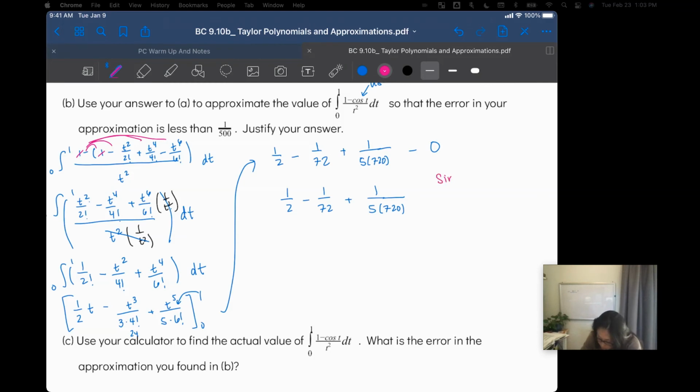So what I can tell you is that since the terms are alternating, remember we need those negative values to offset the positive values, so it's alternating, decreasing in magnitude, the absolute values are decreasing, and the limit approaches 0.